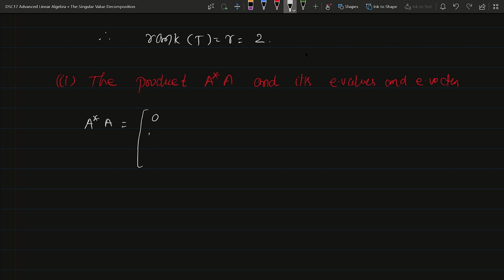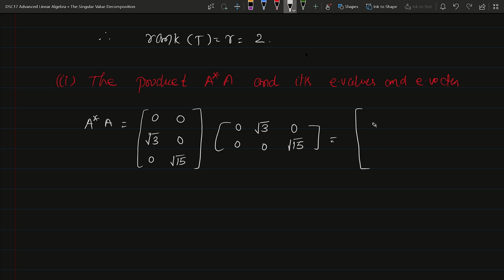as 0 0 square root of 3 0 and then 0 square root of 5 15. Okay, then we need to multiply this by the 0 0 square root of 3 0 0 square root of 5 15. Okay, and that is equal to the 3 cross 3 matrix.